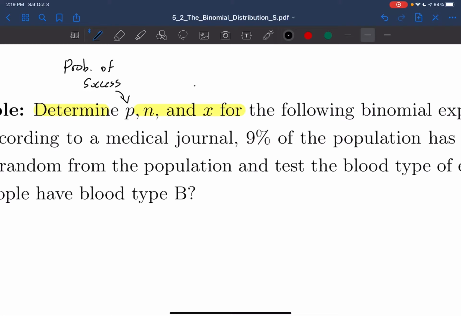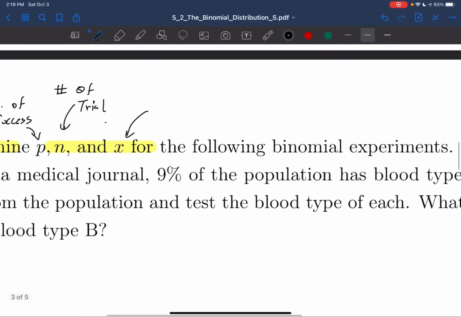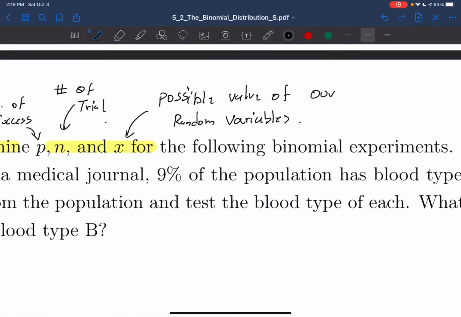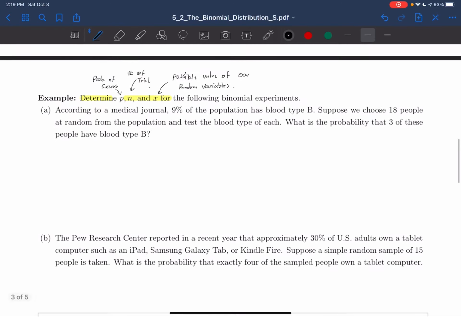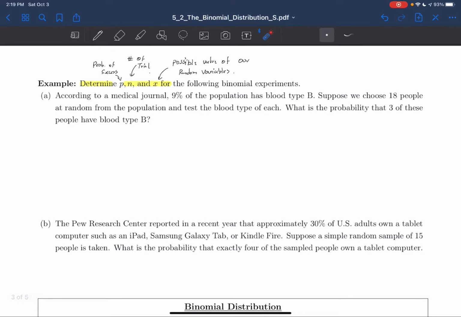N is just the number of trials, and here x is just the possible value of our random variable. The reason why I want you to do a couple more practice on identifying our p, n, and x is because we're going to use them a lot throughout this whole section.